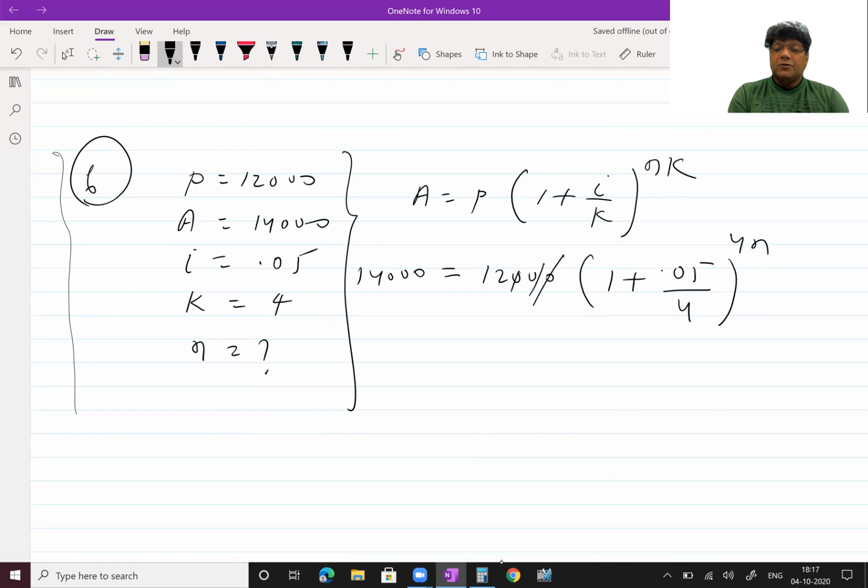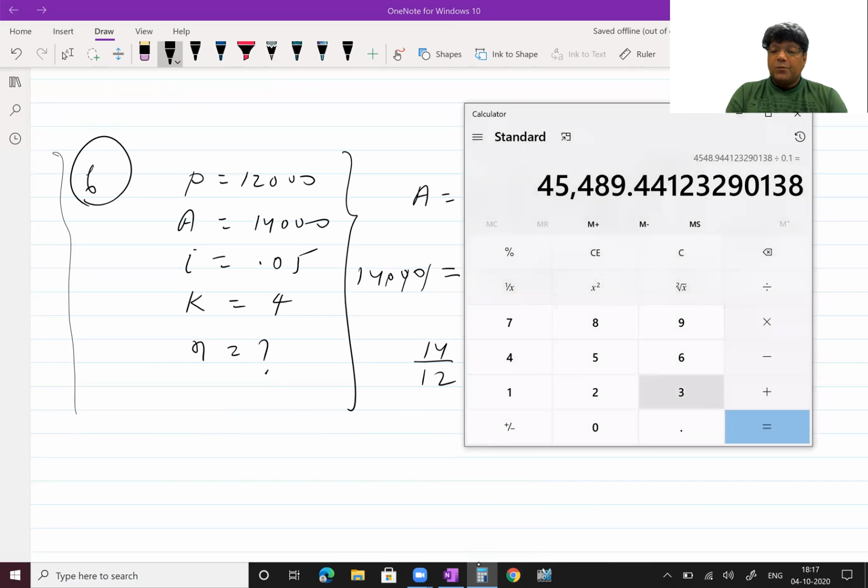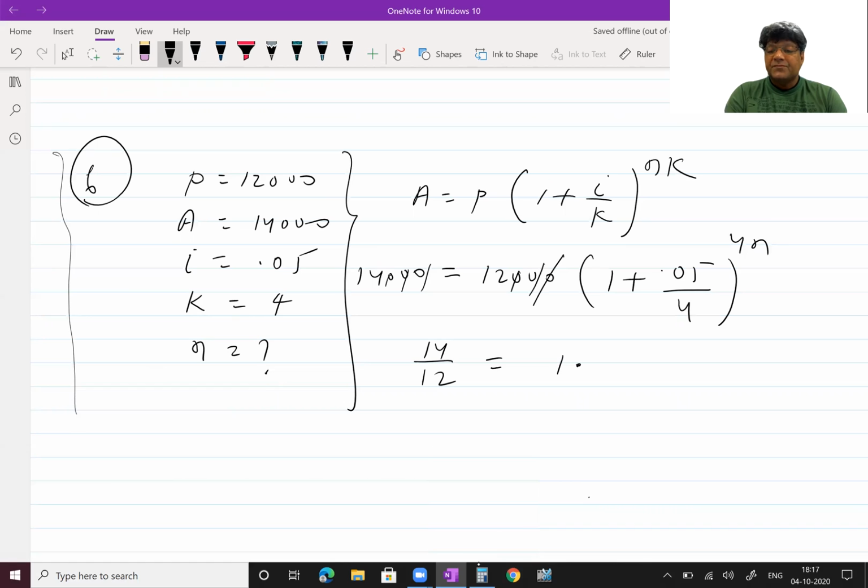So 14 by 12 is equal to 1 plus 0.05 by 4. 0.05 divided by 4 will be equal to 0.0125, to the power 4n.